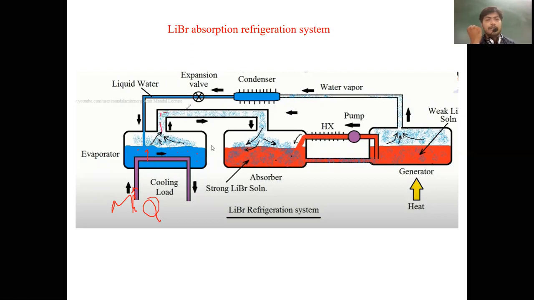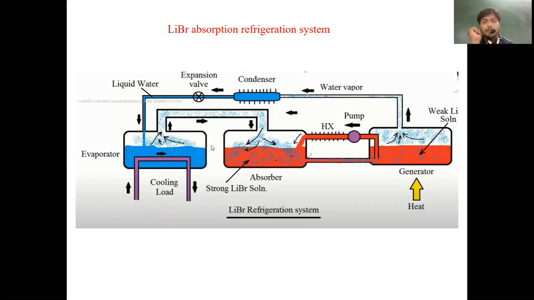This vapor is passed into the absorber, where lithium bromide, in the red color, is present. The water vapor which comes from the evaporator is mixed in this lithium bromide, so a strong solution of water plus lithium bromide occurs.